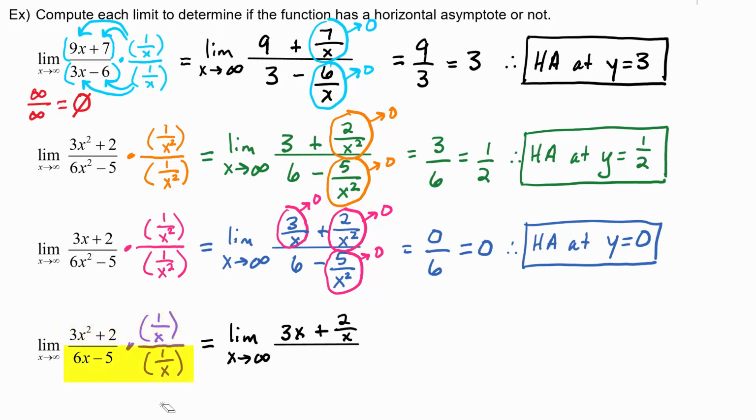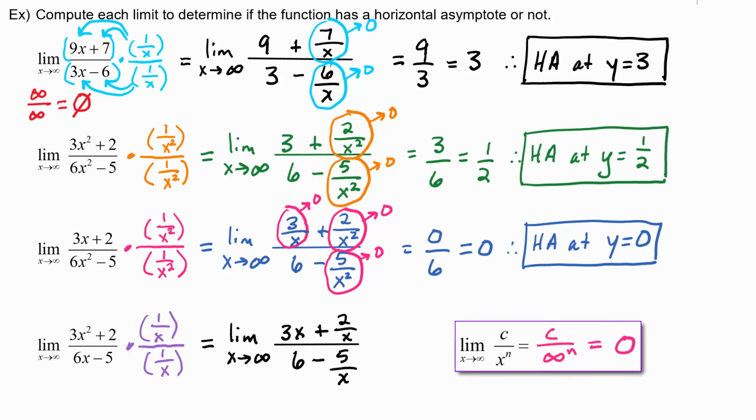In the denominator, we have to take 1 over x times 6x, which is 6, minus 1 over x times 5, which is 5 over x. Now let's go ahead and apply the limit as x goes to infinity. We see 2 over x is going to go to 0, 5 over x is going to go to 0.